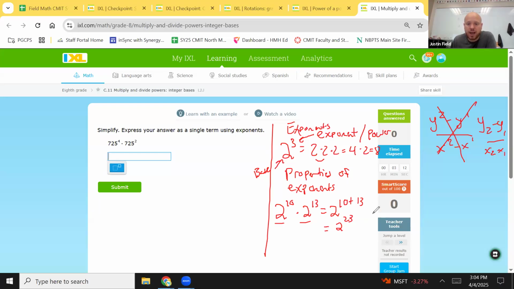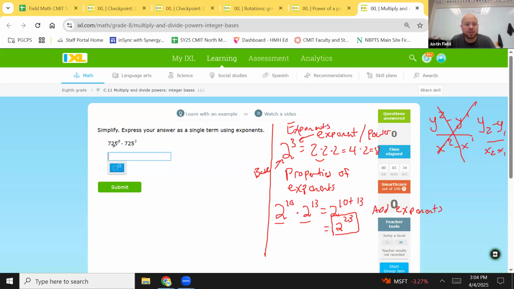And so we're going to write: add exponents. In other words, if we multiply the same bases, then we're adding the exponents, and that's how we simplify it.